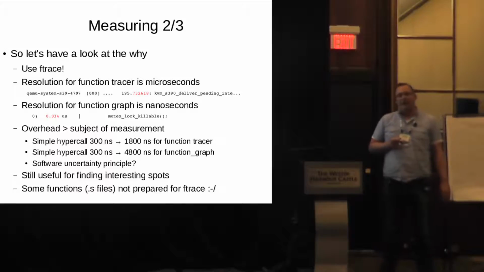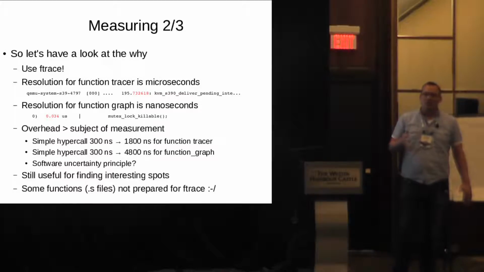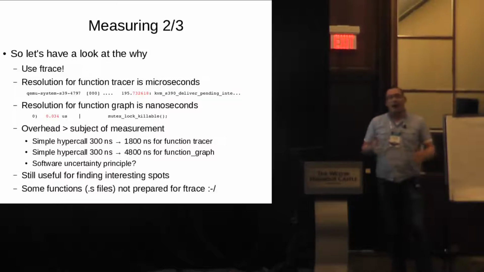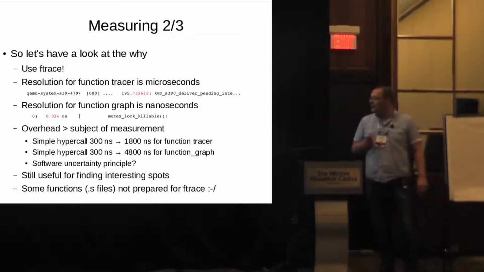So ftrace has a much higher overhead than what we achieve in KVM for guest exits, which is actually quite impressive: how optimized, A, the hardware is in recent generations, and B, how optimized the KVM module is. I think this was a big surprise for me, how inefficient ftrace is in contrast to that.